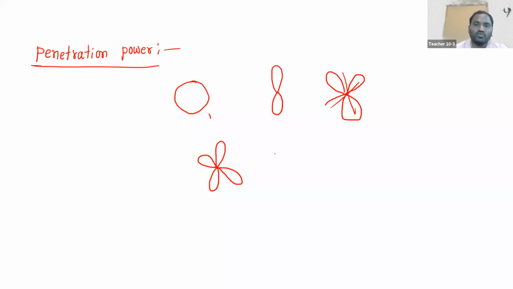Among 1, 2, 3, which has symmetry, students? Like this, if I ask, I will get answers this way only. First of all, I have to give what is an orbital.